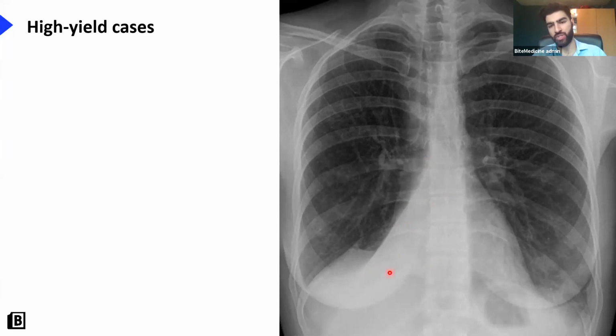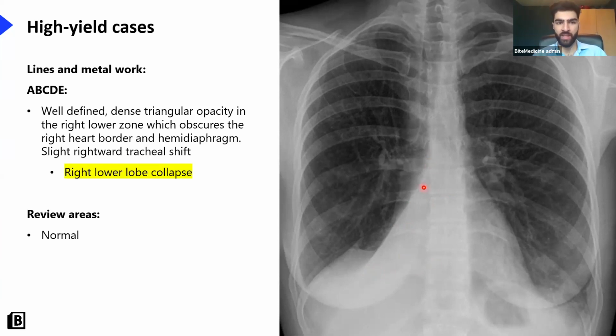It's like a triangle shape. You have a well-defined, dense, triangular opacity in the right lower zone, and you've got obscuration of the right heart border, and we've also lost the medial part of the right hemidiaphragm. Remember, normally that right hemidiaphragm should be nice and crisp, but we've lost the middle part.